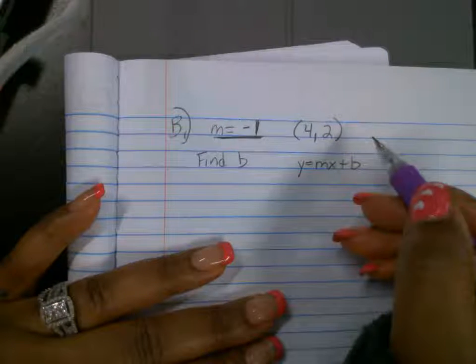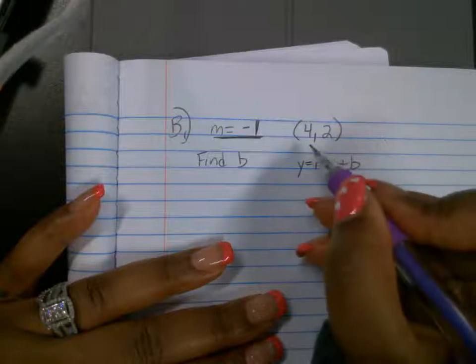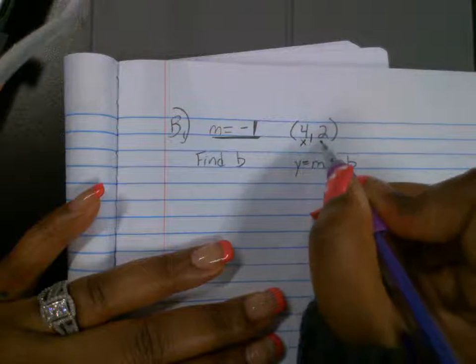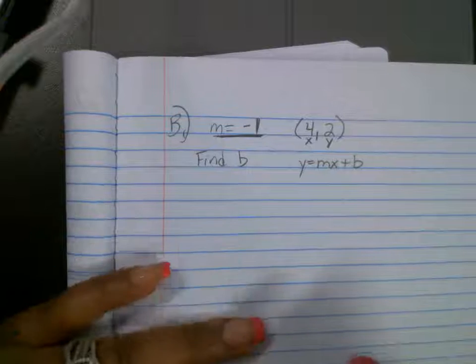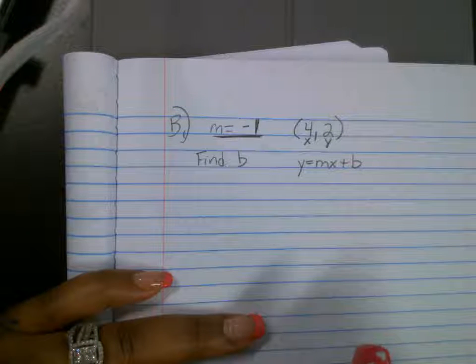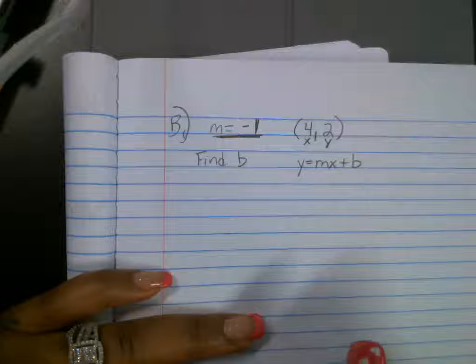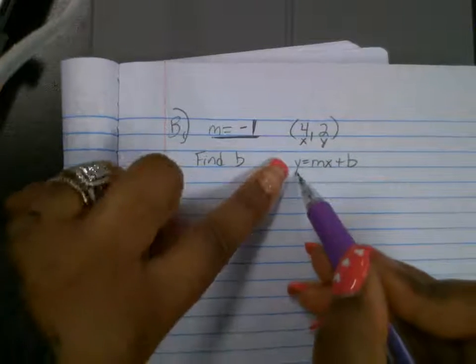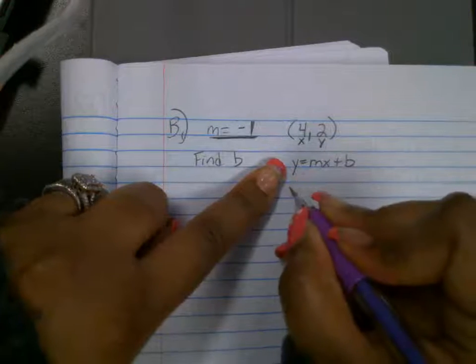All right, so we're going to label our point. The first number is x and the second number is y, okay? What are we going to substitute for y? 2.